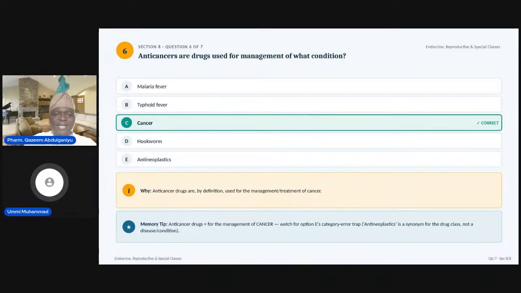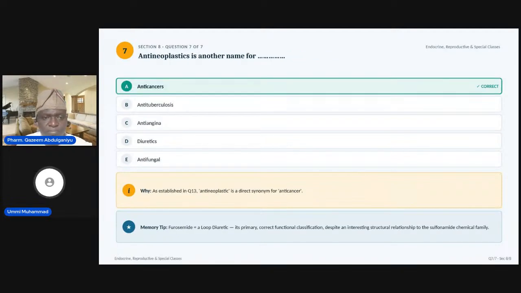So anti-cancer are drugs used for management of what condition? For cancer, obviously. Antineoplastics is another name for anti-cancer, obviously.